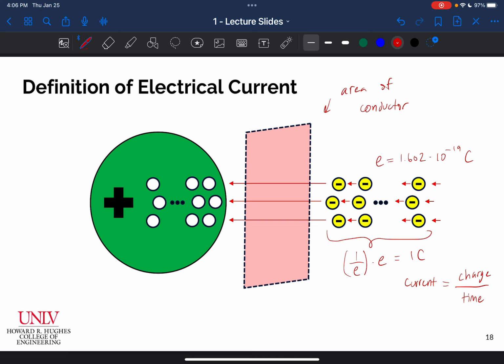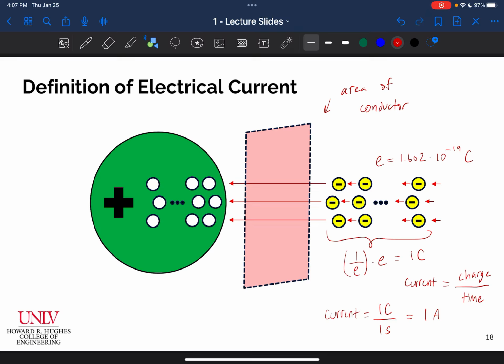And if I want to know how many of those charges have passed in 1 second, then my current would be 1 coulomb over 1 second, which again, like I said previously, would give me 1 amp. Oops, that didn't write very well. 1 amp of current.